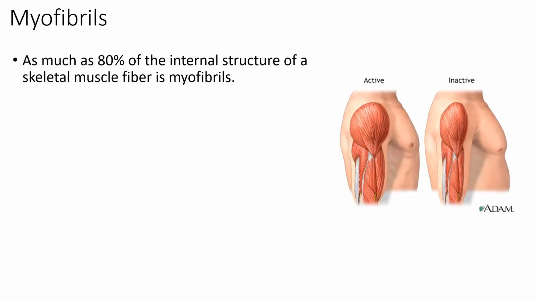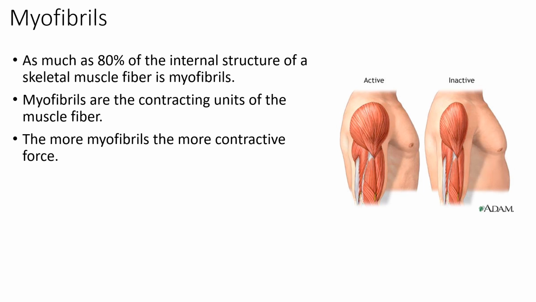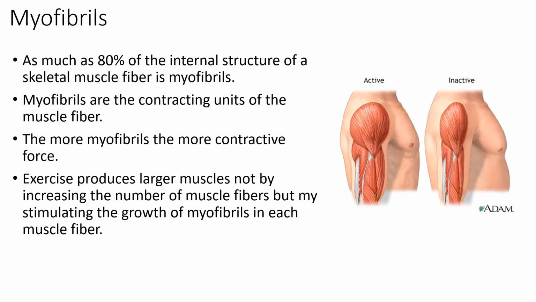So just as a brief aside, I wanted to mention this. We talked about how as much as 80% of the internal muscle structure is going to be these myofibrils. And so myofibrils are going to be the contracting units of the muscle fiber. And the more myofibrils you have, the more contracting force.